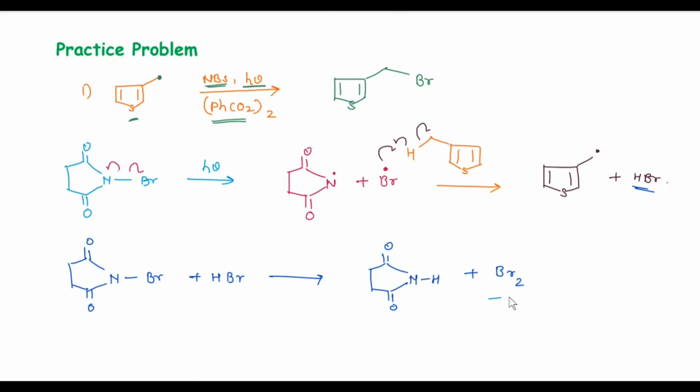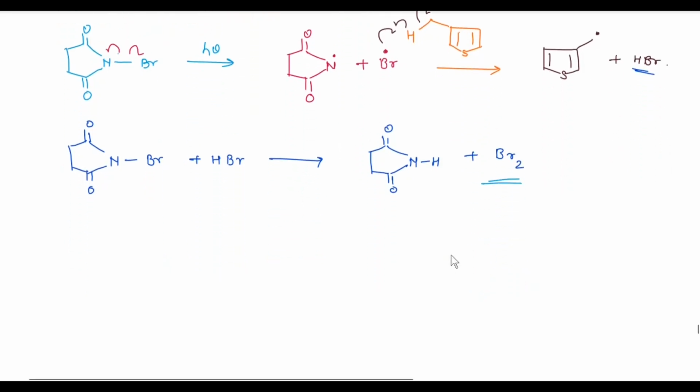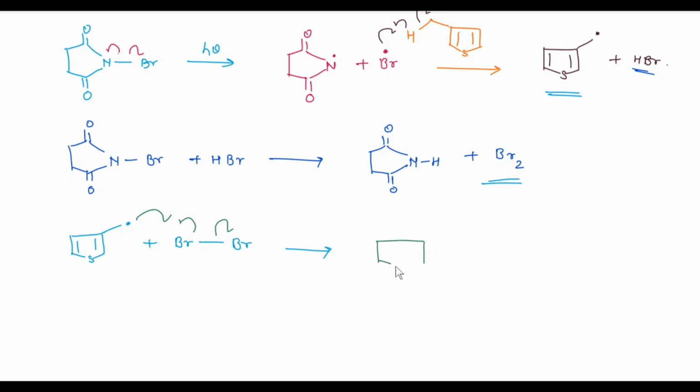This Br2 acts as an intermediate for further reaction. In the next step, this 3-methylthiophene radical reacts with Br2 and we get our desired product.